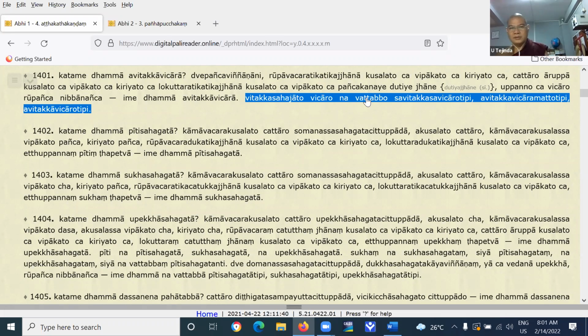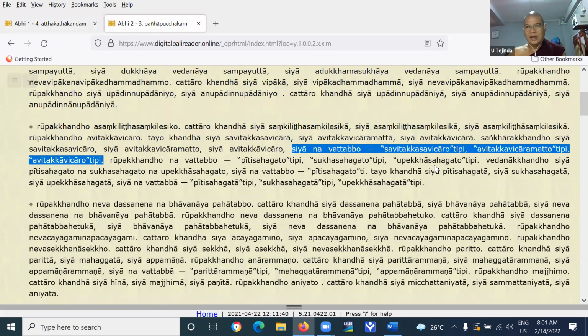That is Vitaka Sagato Vicharo, Vichara Arase together with the Vitaka. How many Vichara Arase together? 55, yes. The Vichara Arase together with the 55 Savitaka Cetas. Those 55 Vicharas are not to be said here: Savitaka Savicharo, Avitaka Vicharamato, Avitaka Avicharo.